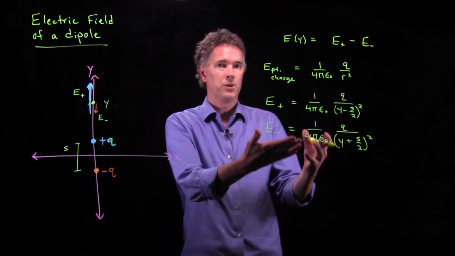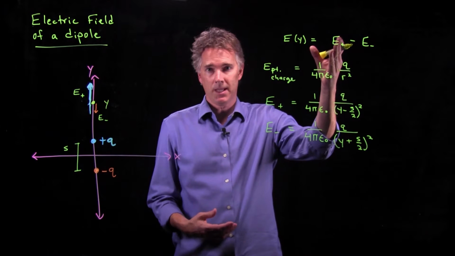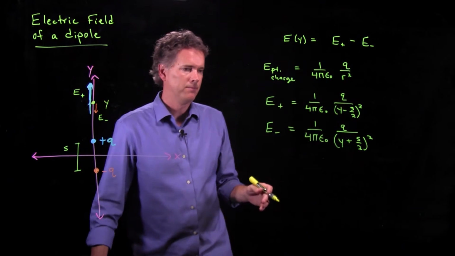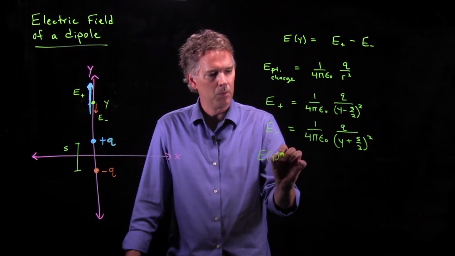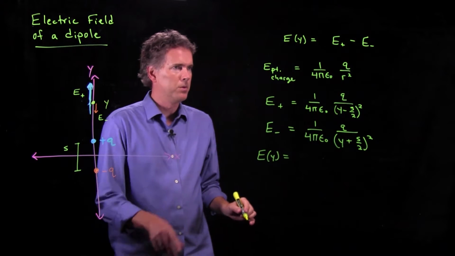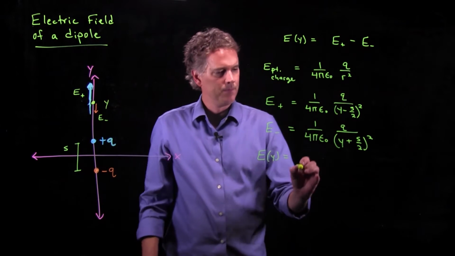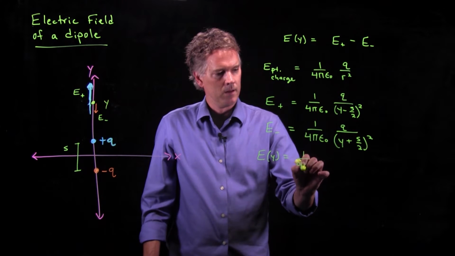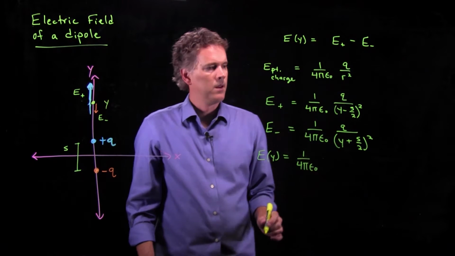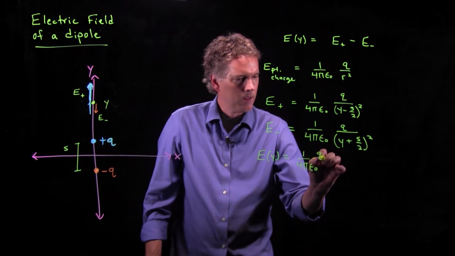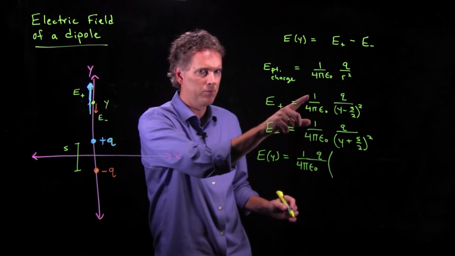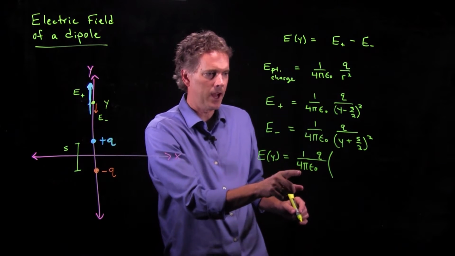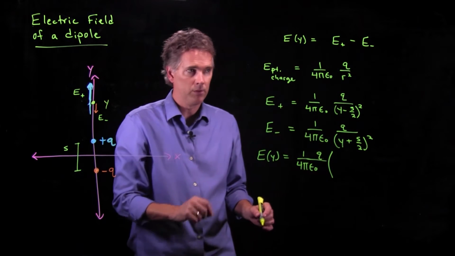Okay. Those are the two electric fields, and now we can add them together to calculate the net. So let's do that. E at position y is going to be E positive, and I'm going to cheat a little bit because it looks like we have common terms in both of these, 1 over 4 pi epsilon naught and a q in both of those.